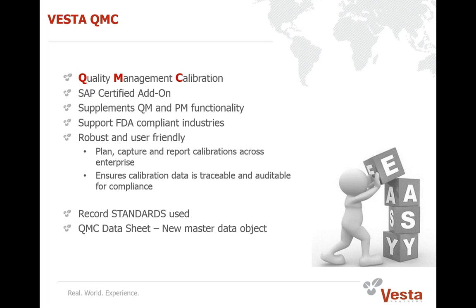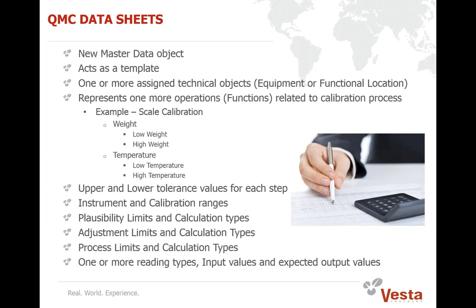All of this functionality in QMC is driven by a new master data object that we call data sheets. Data sheets act as templates where you can assign one or more technical objects, so an equipment, and even on the functional location level, you assign similar ones to a data sheet. So if you have 50 temperature gauges that need to be calibrated to the same specifications, you can assign all 50 to the same data sheet.